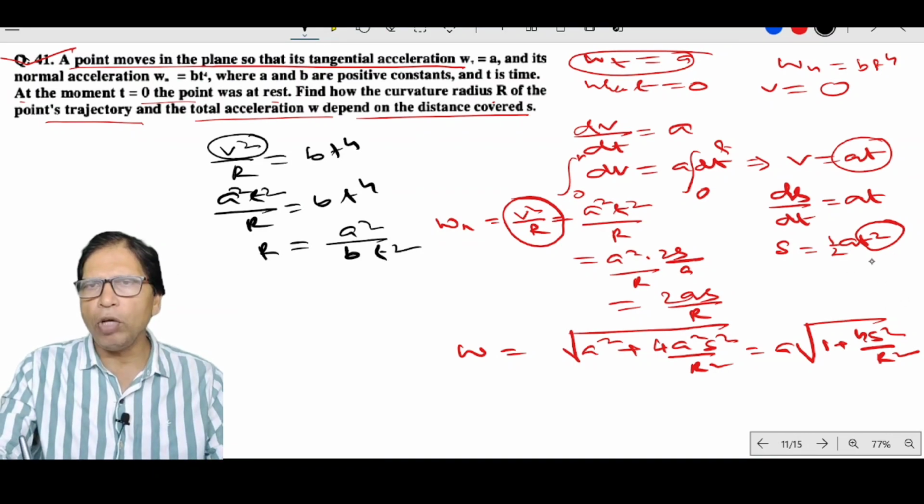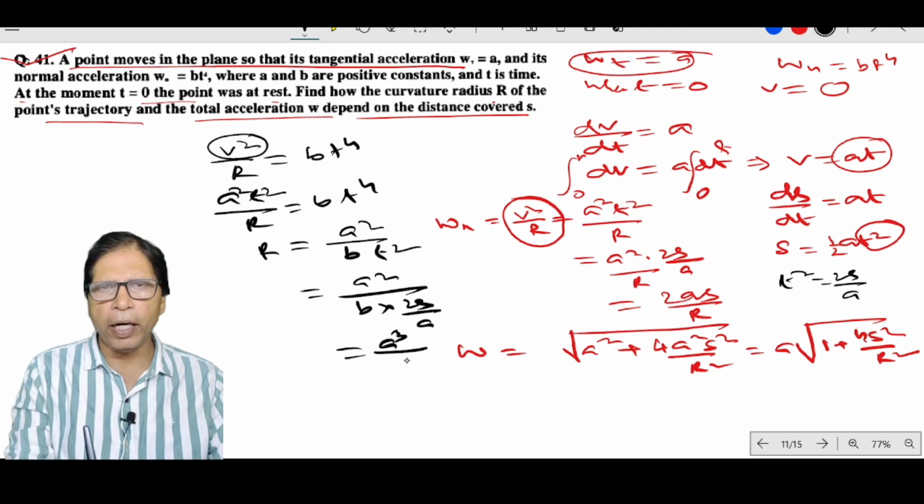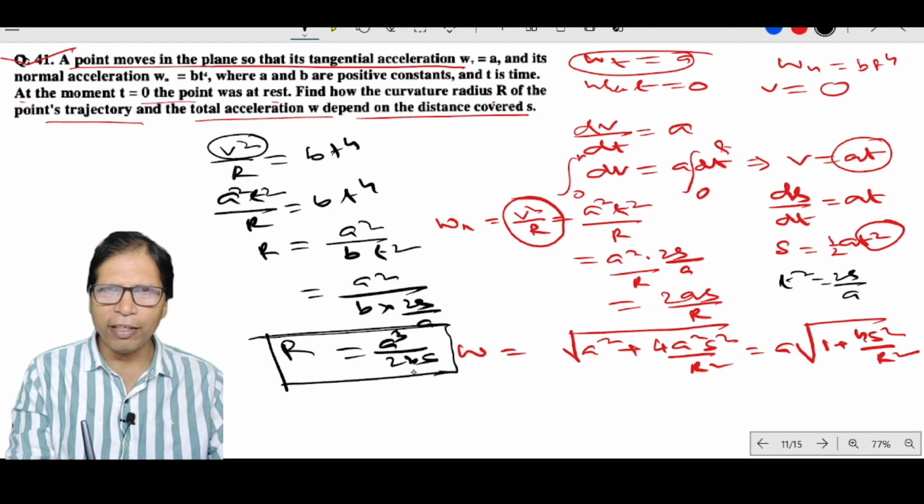Now what is the value of t square from here? t square is equal to 2s by a. So a square divided by b, and this is 2s by a. So a cube divided by 2bs is the radius of curvature of the trajectory of the point.